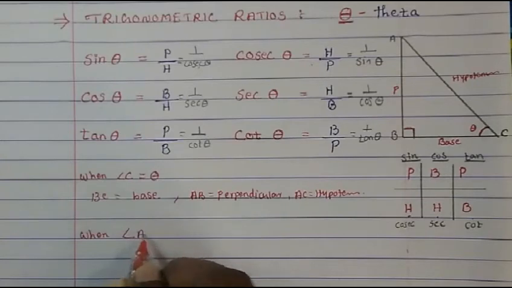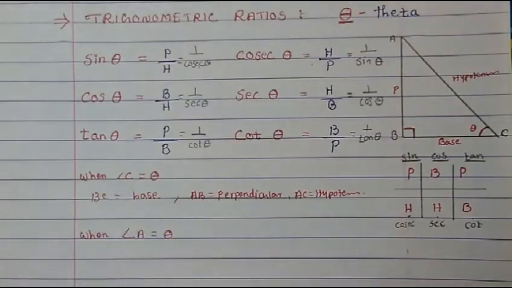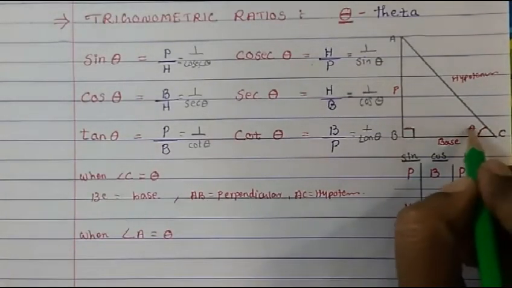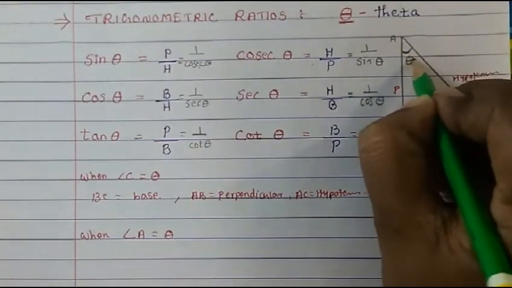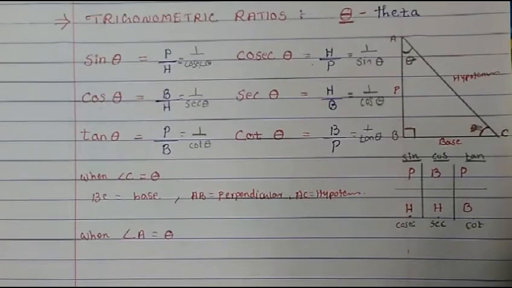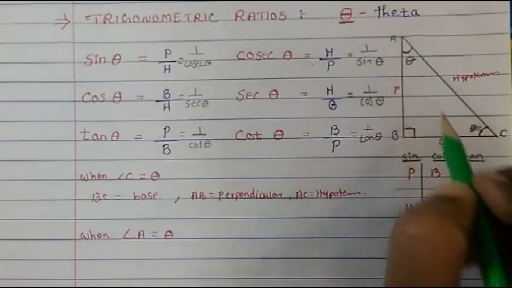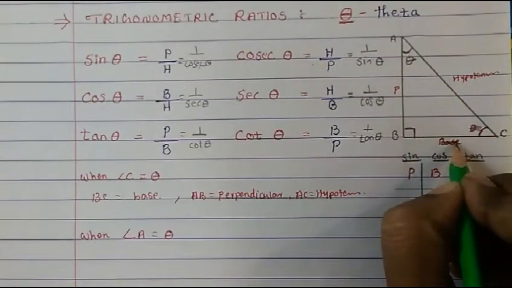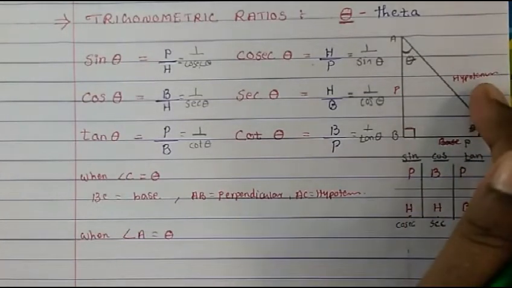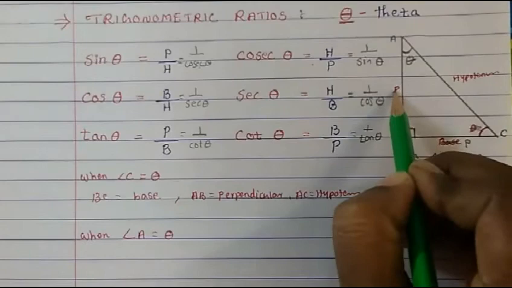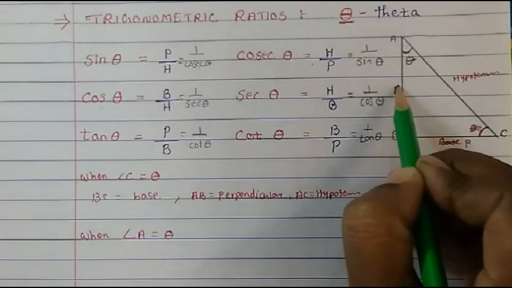Okay, so now when angle A becomes my theta, then which one will be perpendicular? Opposite to theta becomes my perpendicular, and hypotenuse remains the same, and this will become my base.